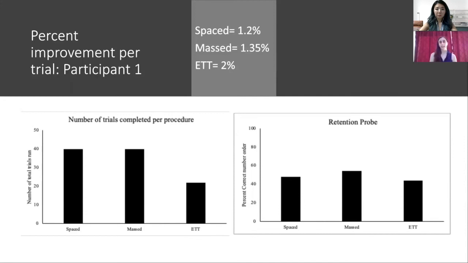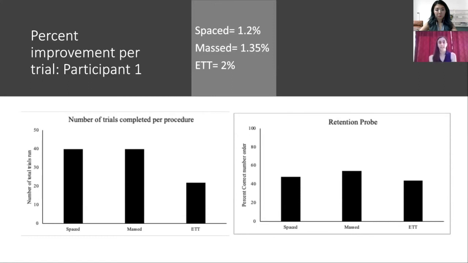When looking at this data, we realized that for participant 1, they completed the same amount of trials. Expanding time trials is about half, but when looking at the retention probe, it's all pretty much about the same. So they completed fewer trials in expanding, but they got about the same amount of data correct in the retention probe.